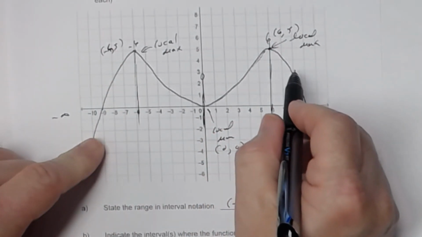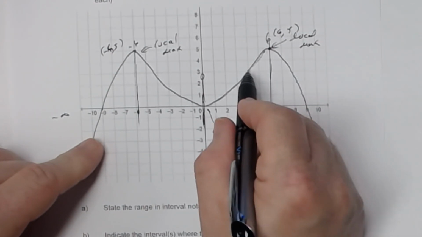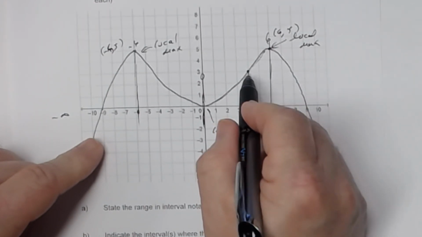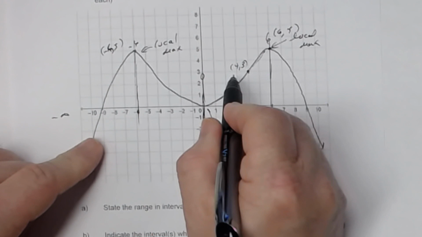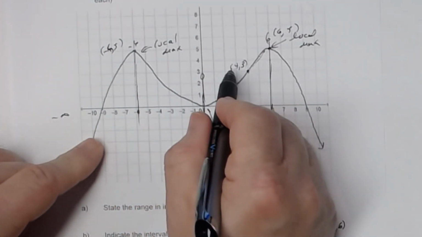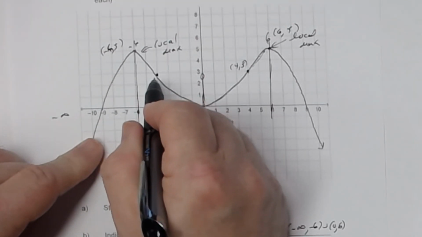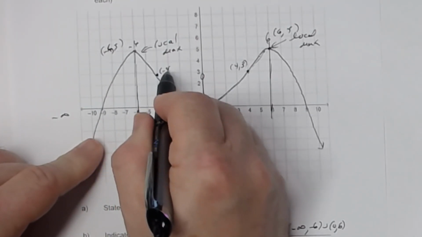So let's say this point here is 4, 3. When you reflect it about the y-axis, you should get the point negative 4, 3. And I didn't draw it very well, but you would have gotten this point here, negative 4, 3.